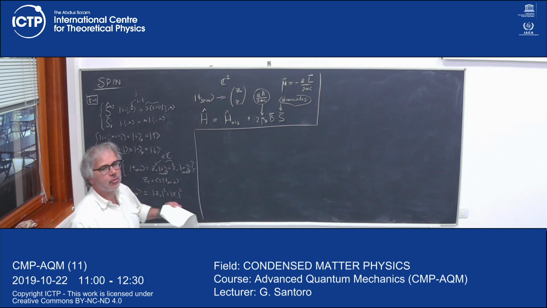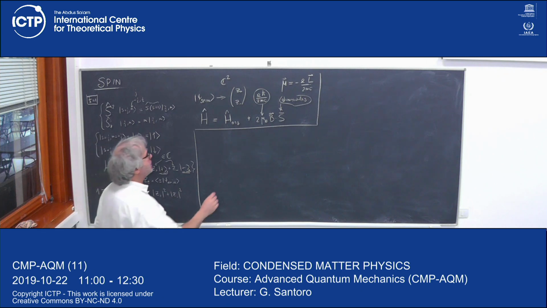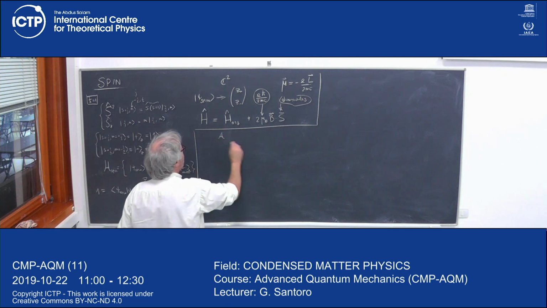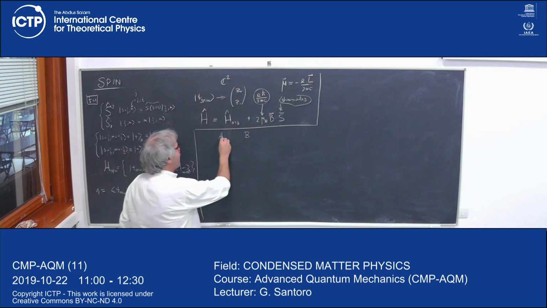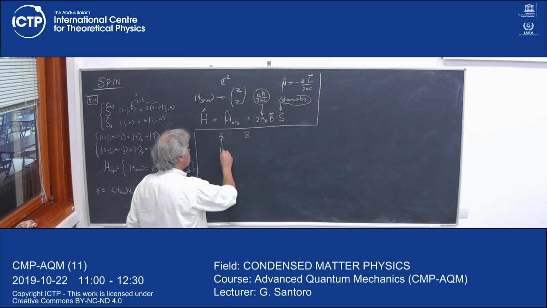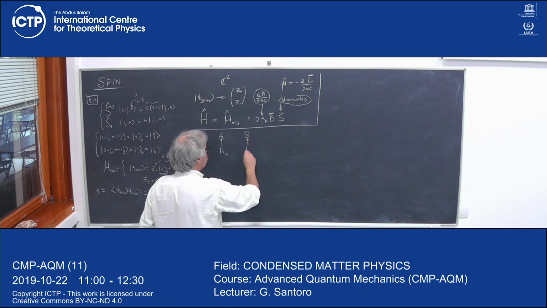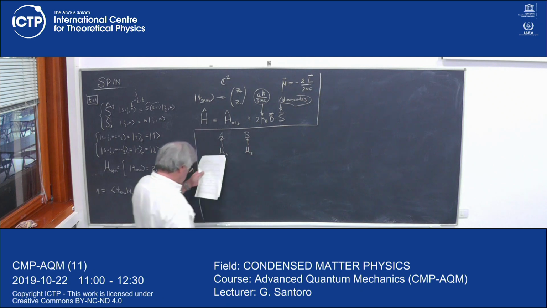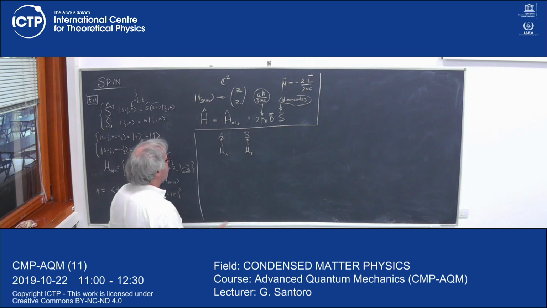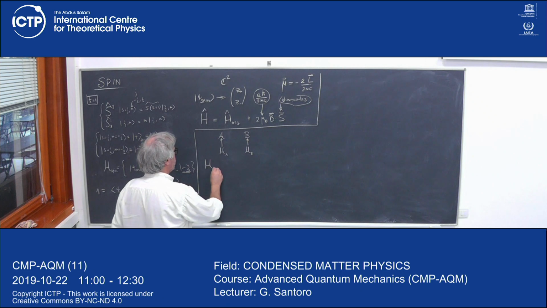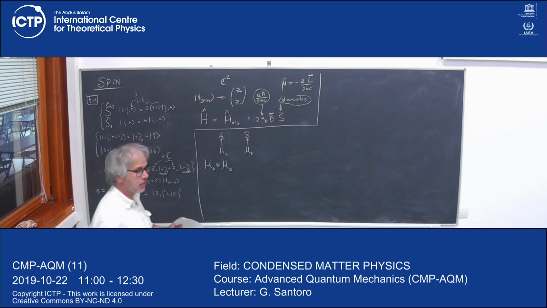So suppose that I have two systems. One system I call A, and one I call B. And I have associated to them a Hilbert space, H of A, and the Hilbert space, H of B. Then there is a concept in mathematics that is called the tensor product of the two Hilbert spaces. Let me tell you what it is.